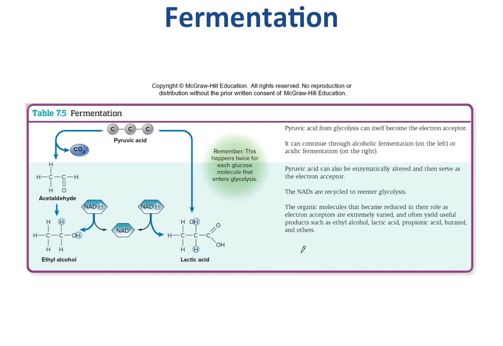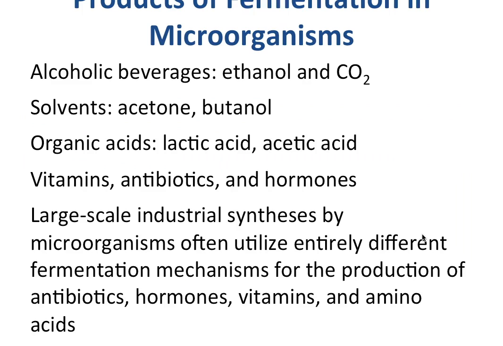Some other microorganisms can also produce butanol and propionic acid. The final products can be used by humans, which is why we use those types of microorganisms to make the products that we need. For example, ethanol, so we can make wine and beer.